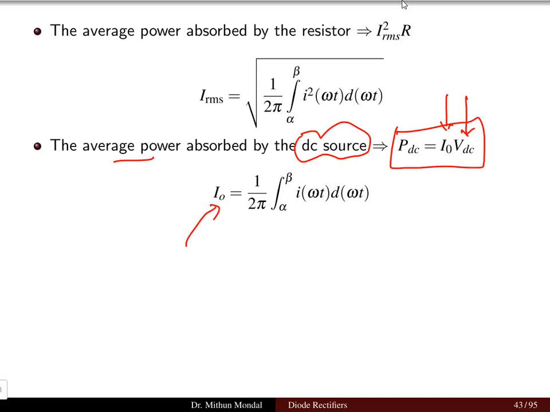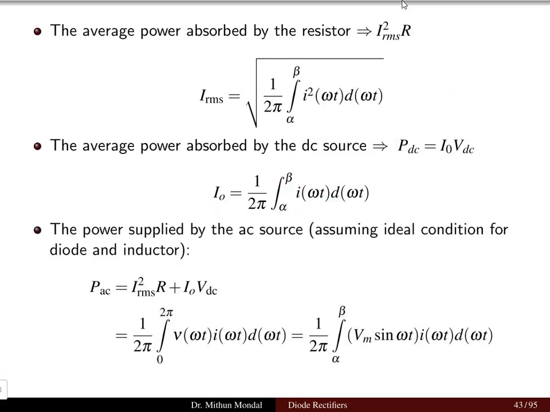The current I0 is obtained by integrating I of omega t from alpha to beta, with the factor 1 by 2 pi. So the total power which is supplied by the AC source, assuming the diode to be ideal and there are no losses in the diode or the inductor, has the AC component I RMS squared into R, and the DC component I0 into Vdc.